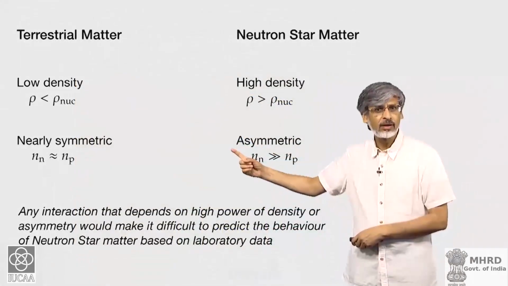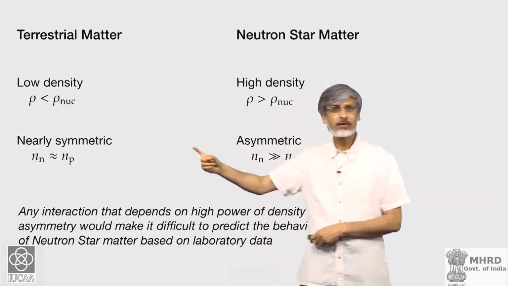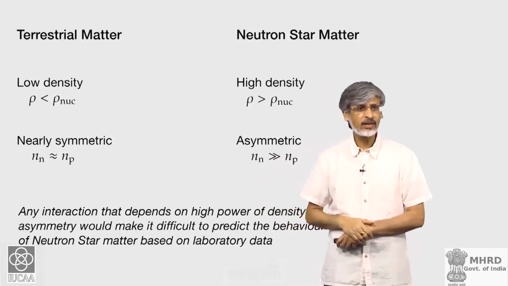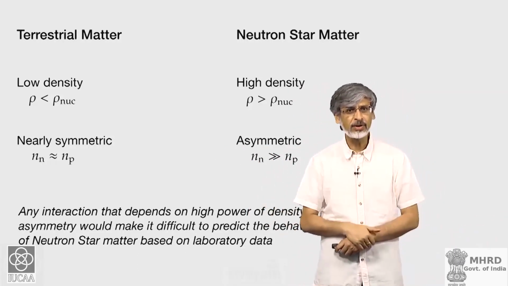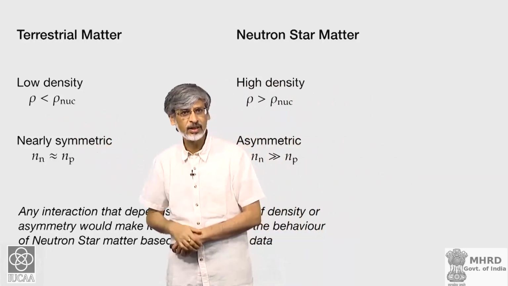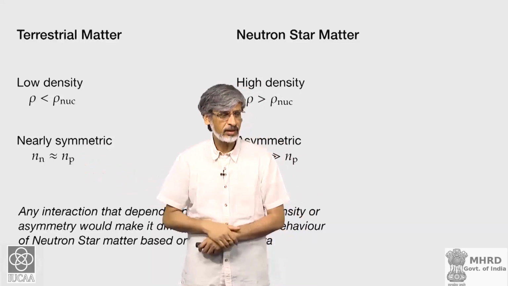So, between what we encounter in terrestrial matter and neutron star matter, the main differences are the following. The terrestrial matter that we see around us is low density matter. The density is much less than the nuclear density, and the terrestrial matter is nearly symmetric.